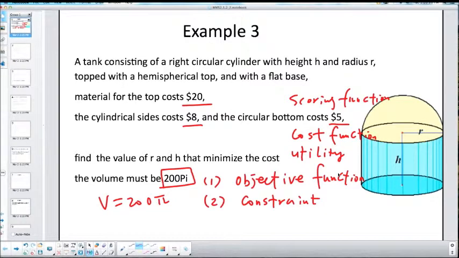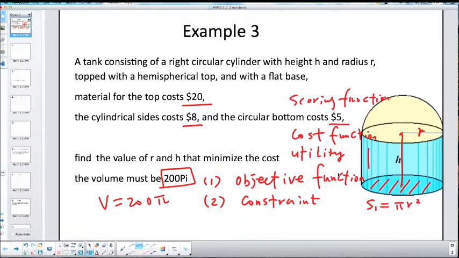So first, let's see our dimension. The dimension is uniquely determined by the height h and the radius of the circle r. So let's look piece by piece. The bottom, let me call it S1. The area is pi r squared.